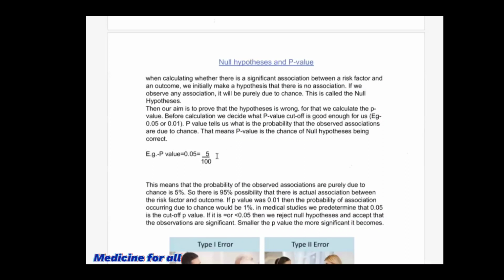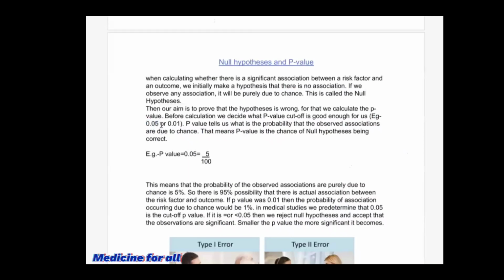This is arbitrary. We just take 5% as our cutoff, but in other fields, like maybe physics or chemistry, this p-value will be very low, like 0.0001. So different fields use different cutoffs. In biological ones, it is good enough for us to have 0.05.